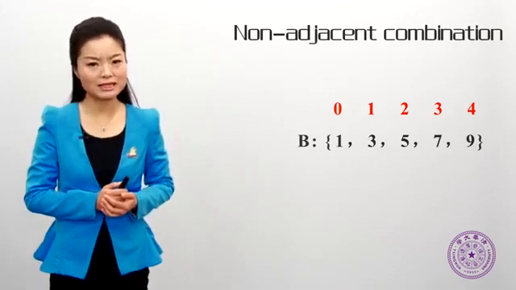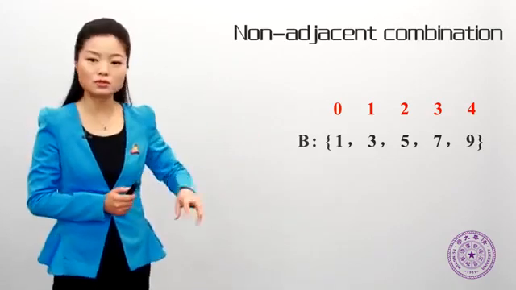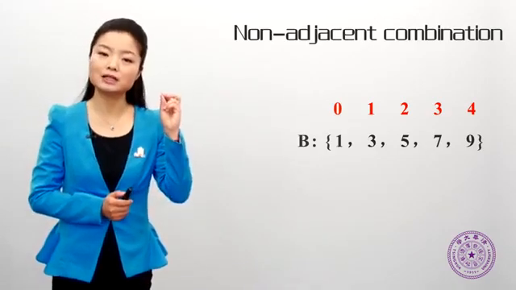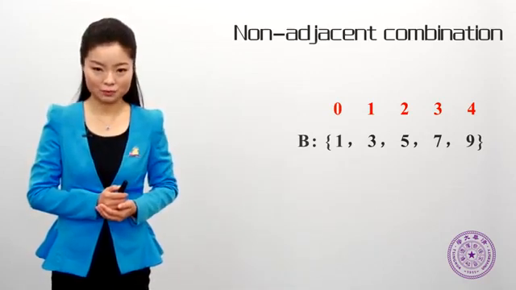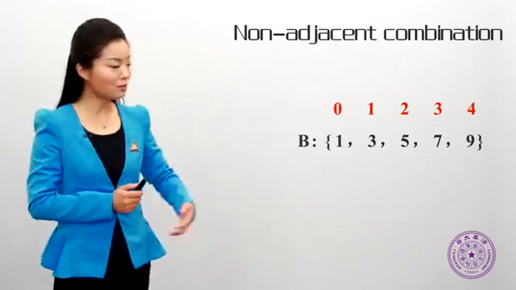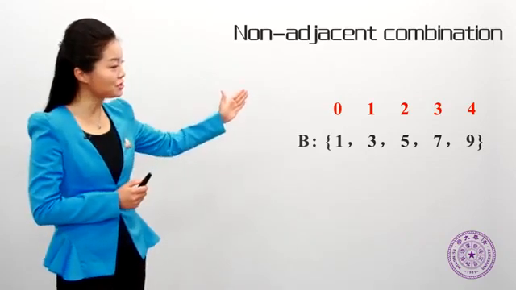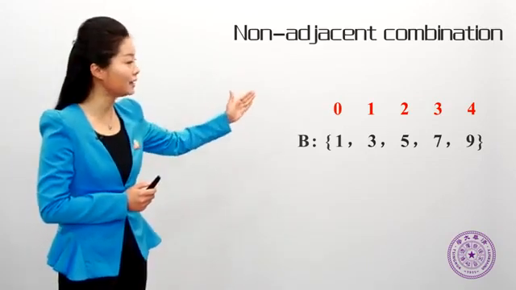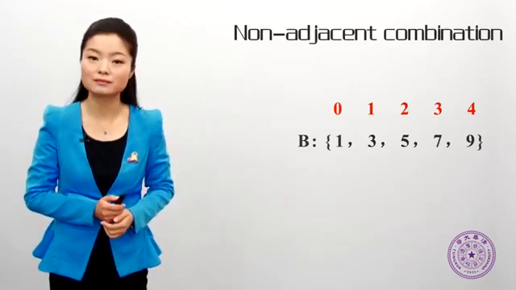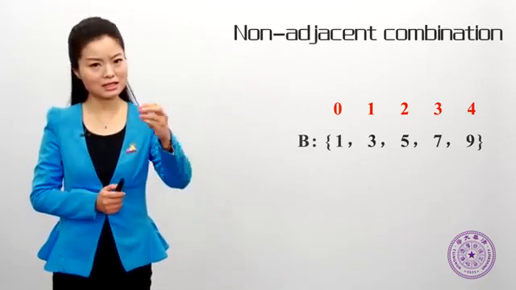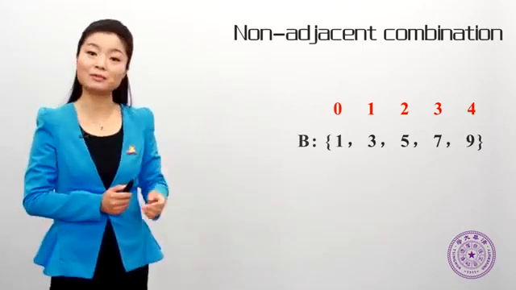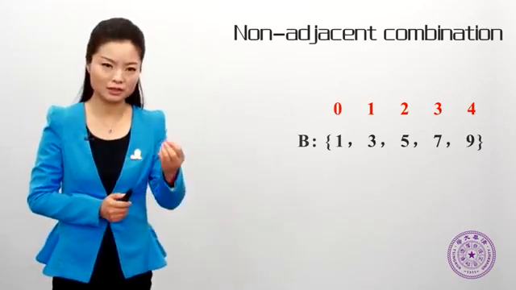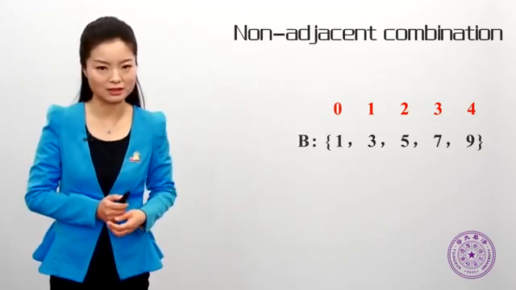How should we manipulate the non-adjacent limitation in order to construct a corresponding combination without repetition? What does non-adjacent combination mean? It means that the index number increased, the difference is at least 1. If we subtract the indexes from the numbers, could we construct a new combination?